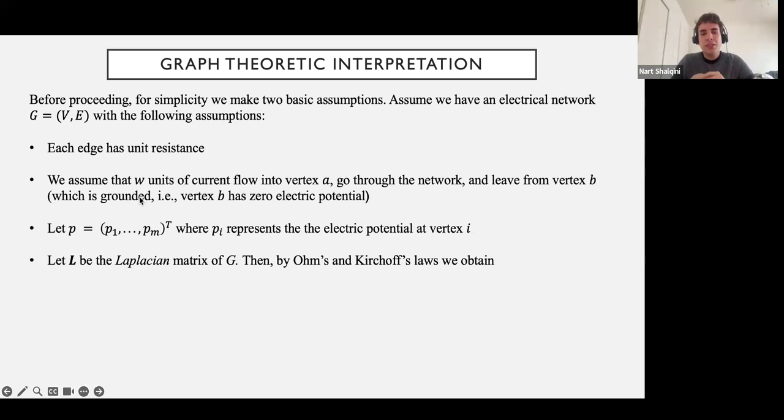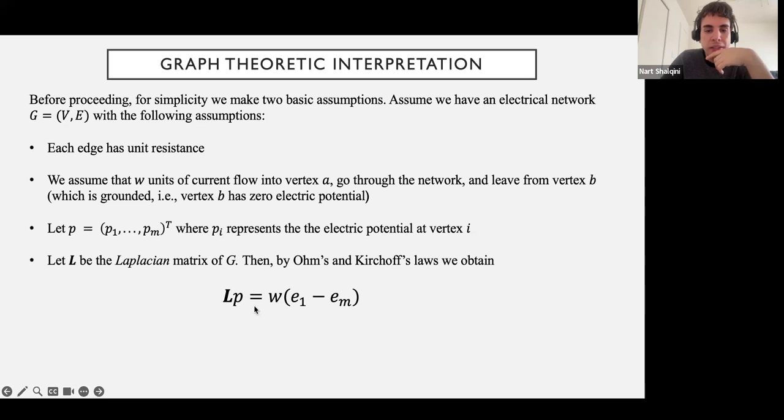And now this is the math part. If I let L be the Laplacian of G, then by combining Ohm's and Kirchhoff's law, I can obtain the following identity. L P equals W times the first unit vector minus the nth unit vector.